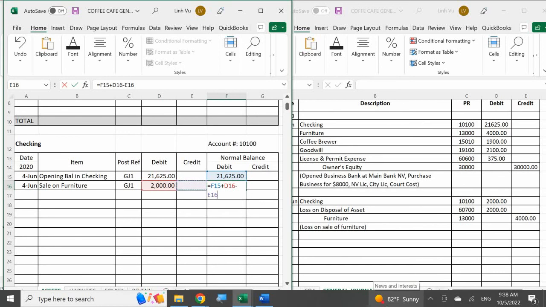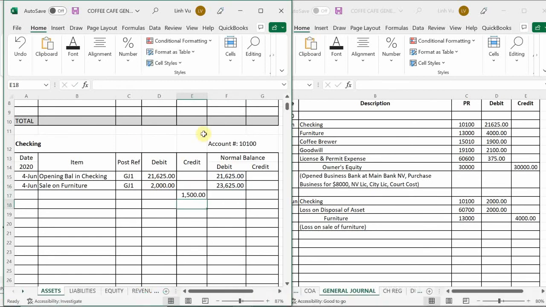That way, when I spend money, for instance, let's say I wrote a check for $1,500, if I drag this formula down, it will automatically calculate for me that when I spent that $1,500, my checking is down to $22,000, because I spent the money. So that's what I want you to do as far as the formula.